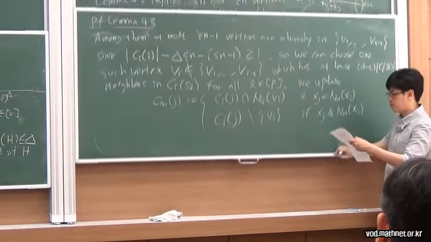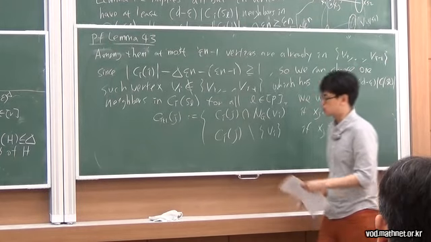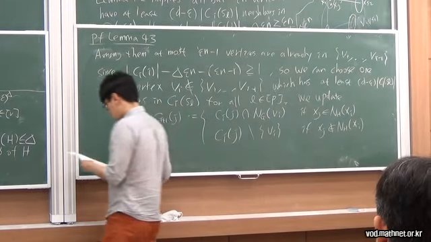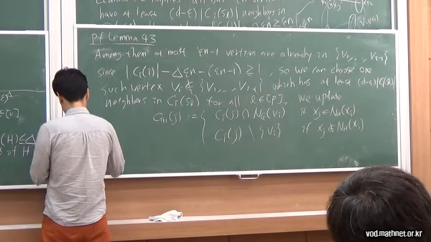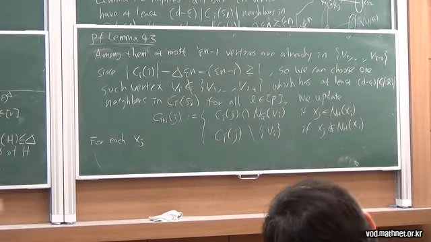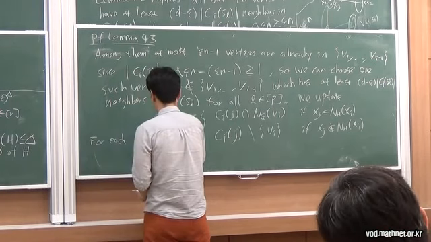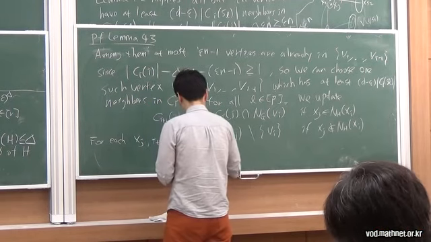And then we show that we can actually do this until we finish it. So for each xj, it has at most delta neighbors.